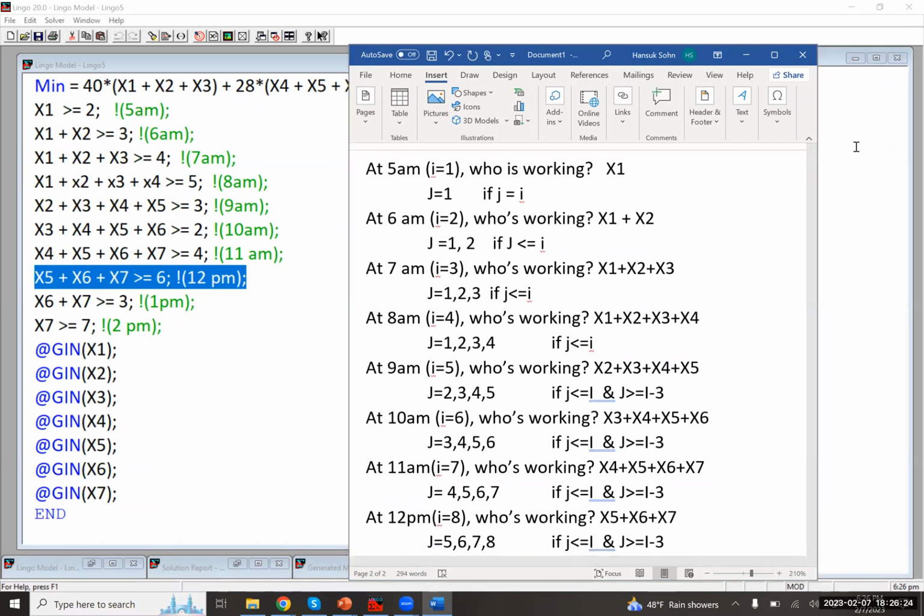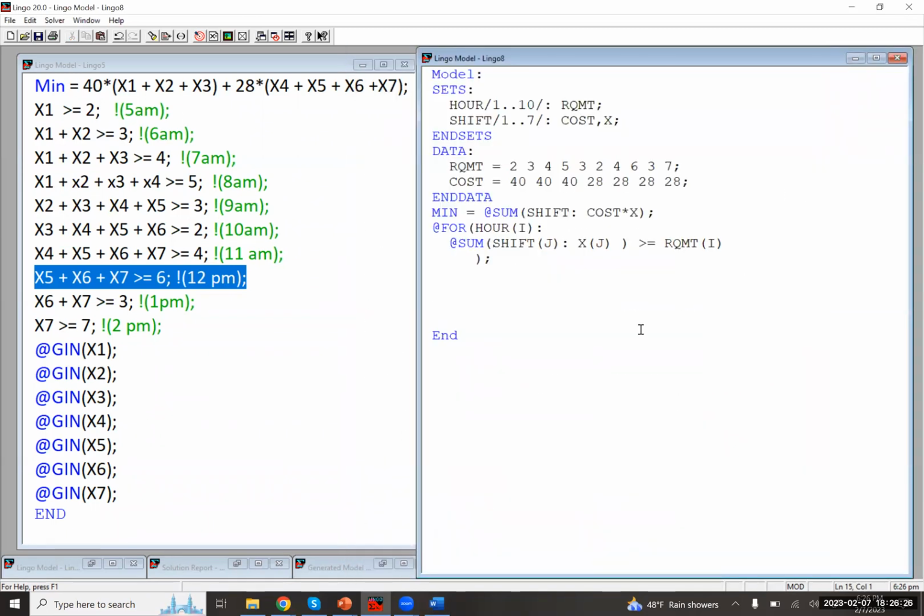Back here, in our LINGO sets, LINGO already knows that J can take only 7 different values, 1 through 7 up here, because that's the way we defined the set shift, right?